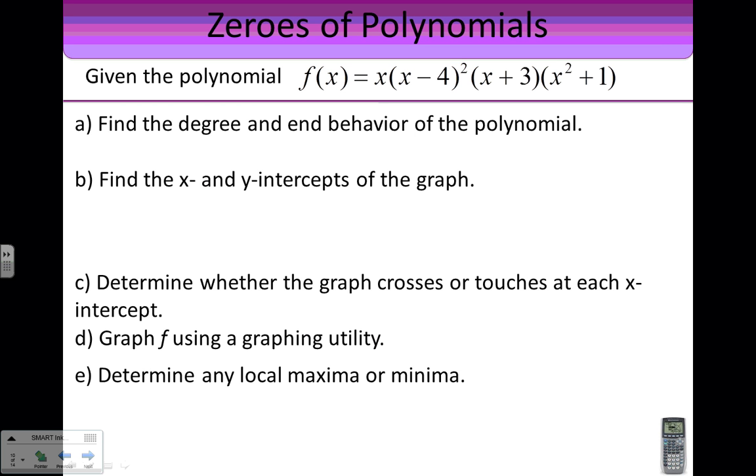So once we know what the degree is, what the end behavior looks like, the x and y intercepts, and where it crosses, touches, that sort of thing, we can go ahead and graph it by hand using all that information. Okay, so I'm just going to go through this really quickly. So the degree and the end behavior. So our degree, we have 1 plus 2 plus 1 plus 2.